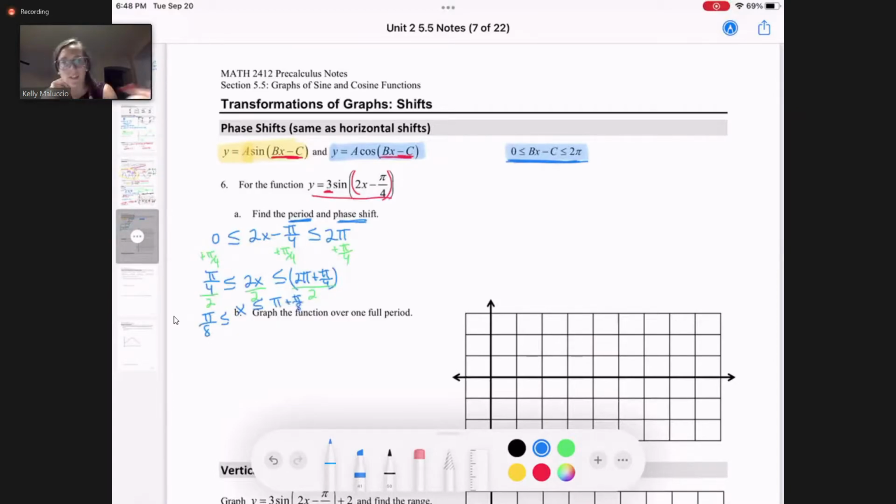So maybe it's easier to simplify at the end, because now this is just 9 pi over 8. If I add 1 pi plus 8 over 8 pi plus 1 pi over 8. So I'm going to rewrite this up here as: pi over 8 is less than or equal to x, which is less than or equal to 9 pi over 8.